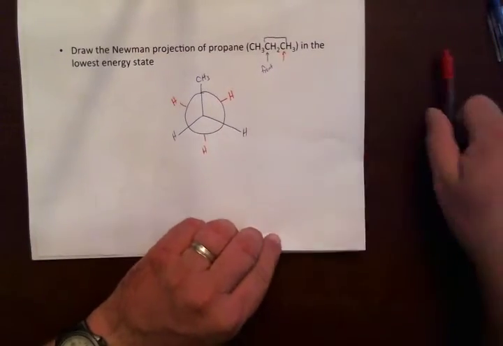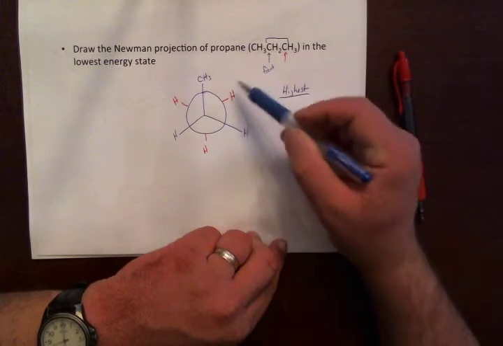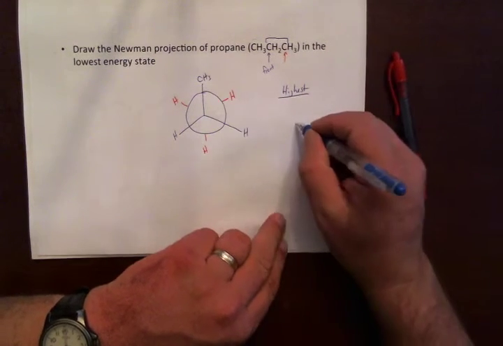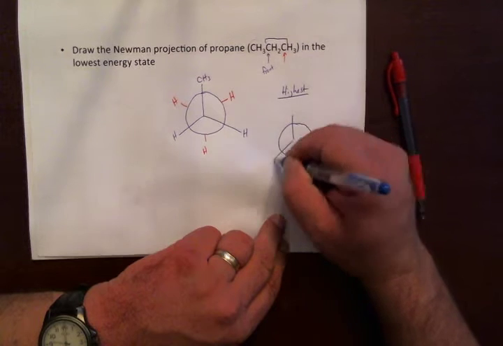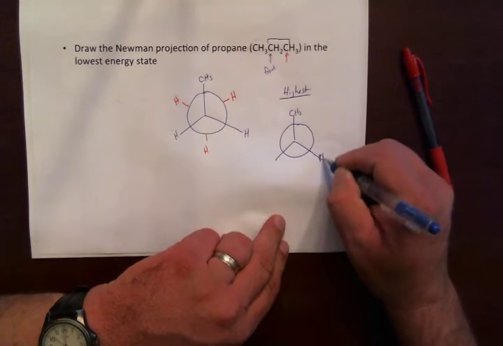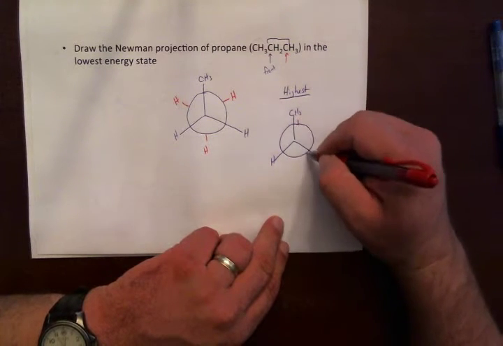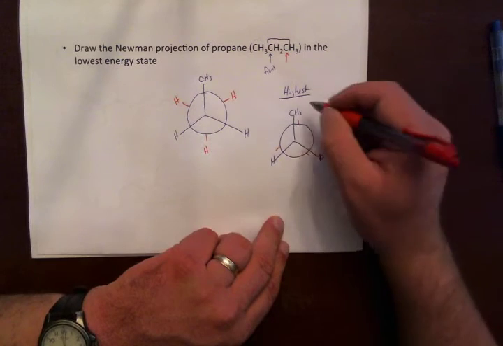Okay. So if you wanted the highest energy, you'd want to have it in an eclipsed form. Hold that front one back like that, and to do the eclipse, just do the best you can on the drawing.